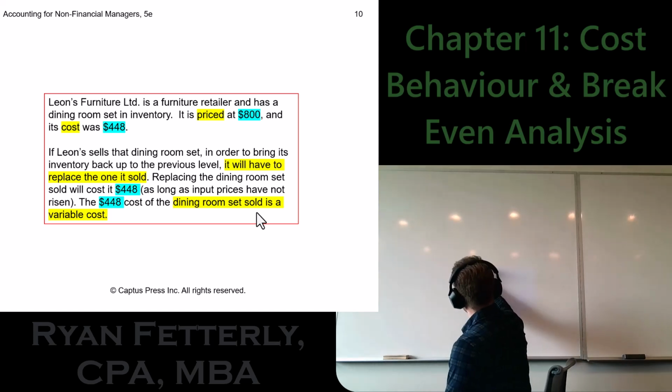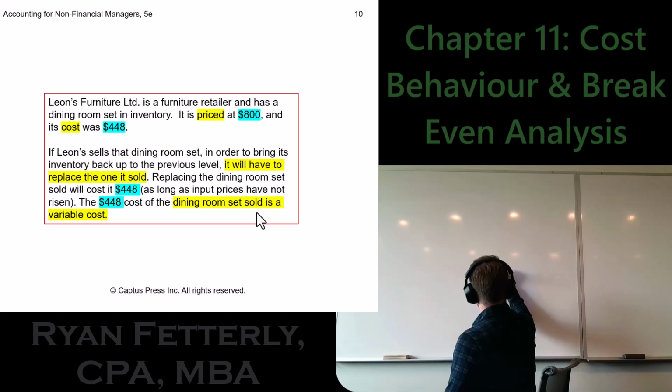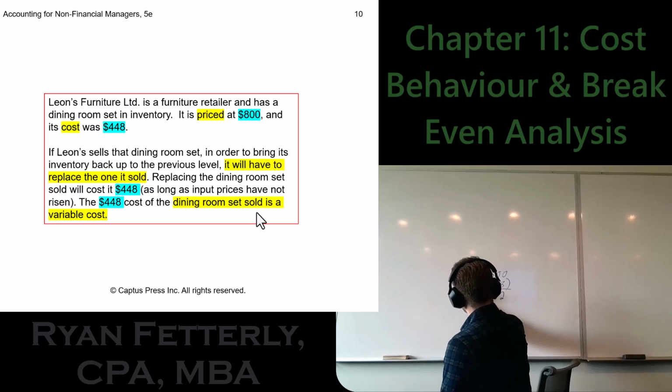If you take your sales, and our sales in this case is $800, and then we know that our variable cost, or our cost of goods sold, because it's inventory, is going to be $448, right? So in this case, what we're going to get is $352, and this is going to be our gross profit.